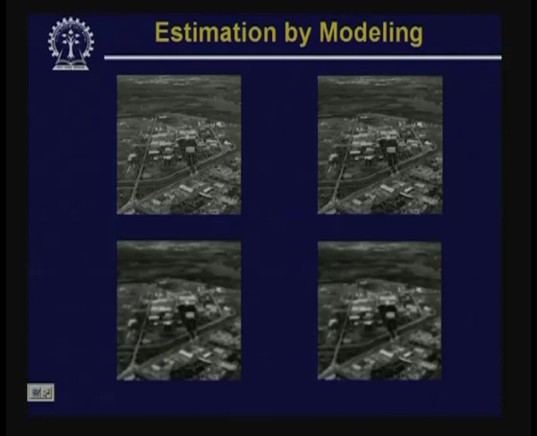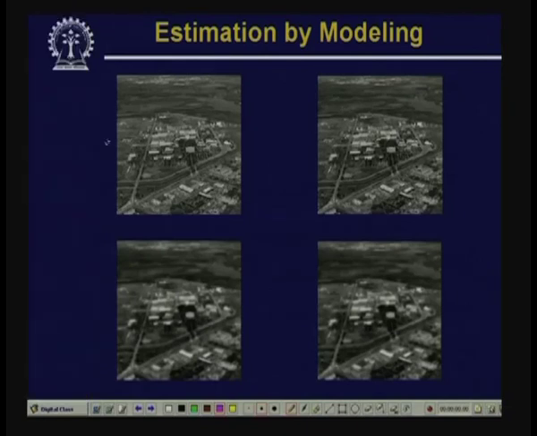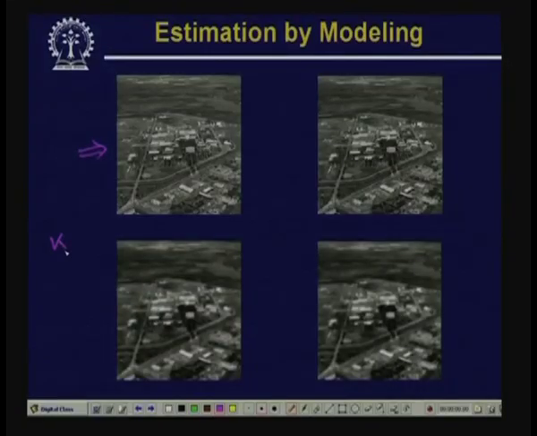In this particular case, we have shown 4 images. The top left image is the original one, and the other 3 are degraded images obtained by using the degradation model that we just described. In that model, e to the power minus k (u^2+v^2) to the power 5/6, it is the constant k which tells you the degree of degradation, or the intensity of the disturbance.